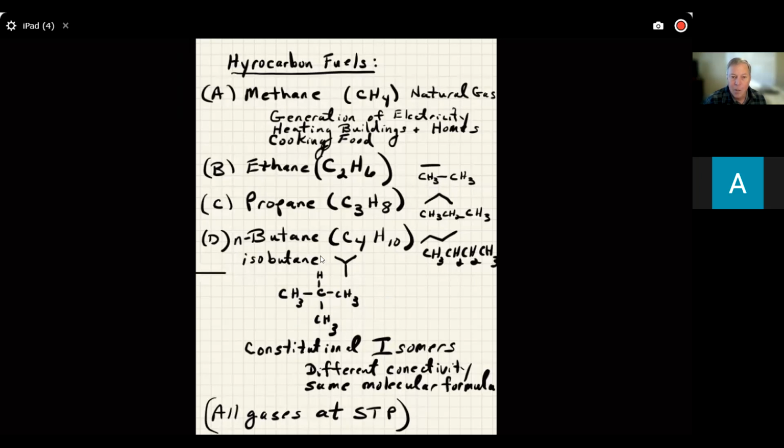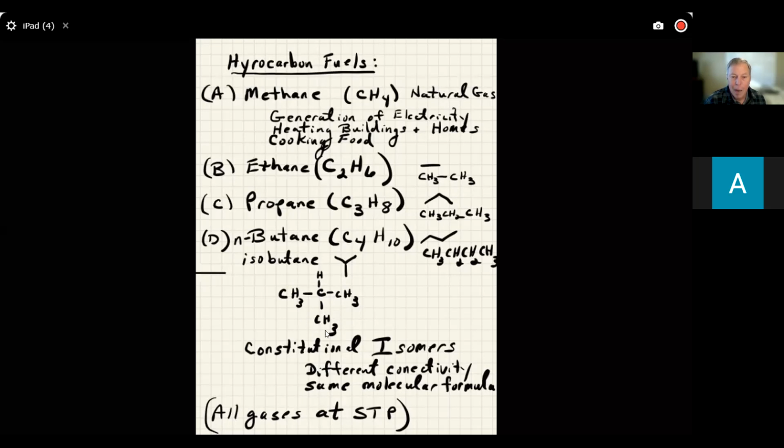So 3 carbons is actually propane, right? So the way to name this is, here's the carbon. Let's number them. Carbon number 1, carbon number 2, carbon number 3. And on carbon number 2, there is this methyl group.